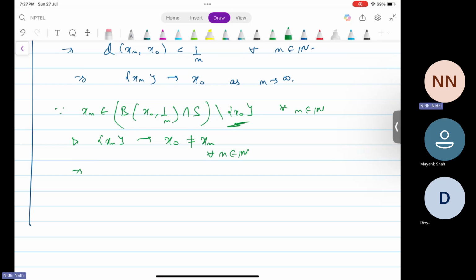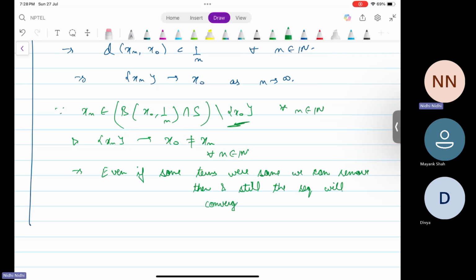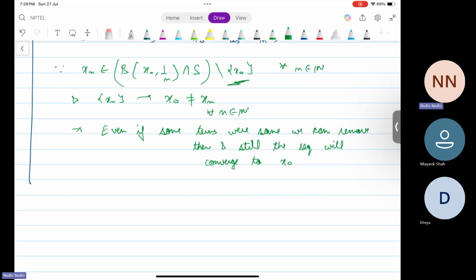This implies even if some terms were the same, we can remove them, and still the sequence will converge to x naught.